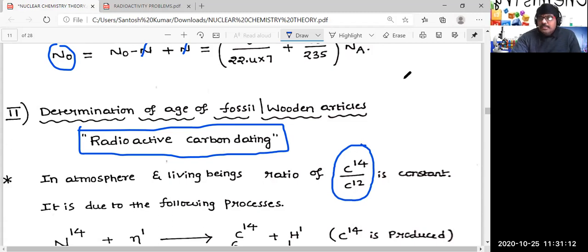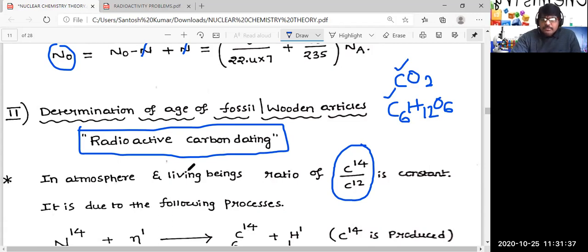In atmosphere, carbon is present in the form of carbon dioxide, right? In living system, this carbon is present in the form of glucose or any carbohydrate. And let me take one example like C6H12O6. And there is a possibility in this carbon dioxide or in this glucose that carbon may be either C14 or C12 isotope.